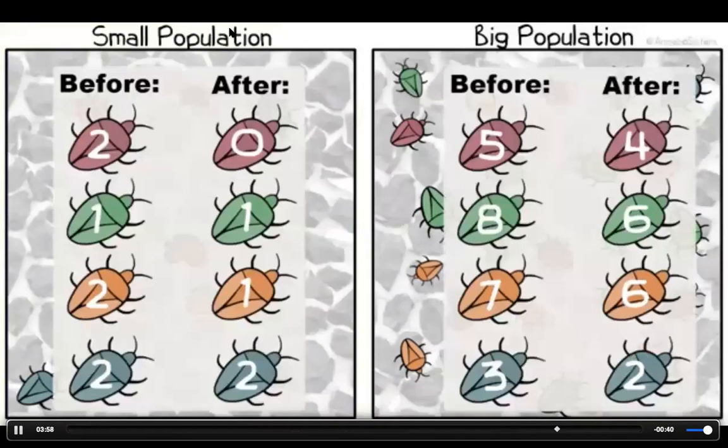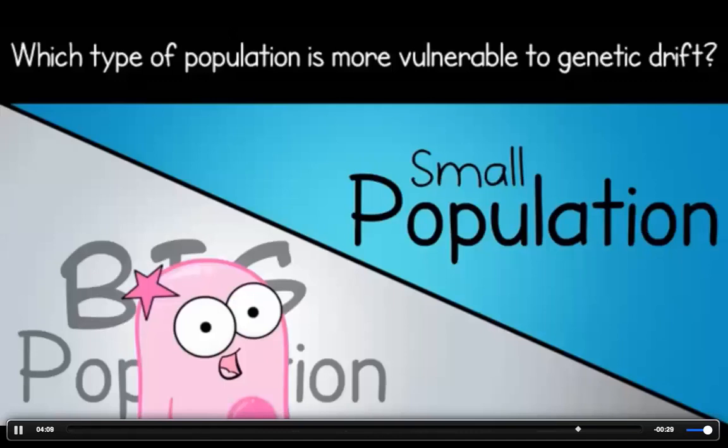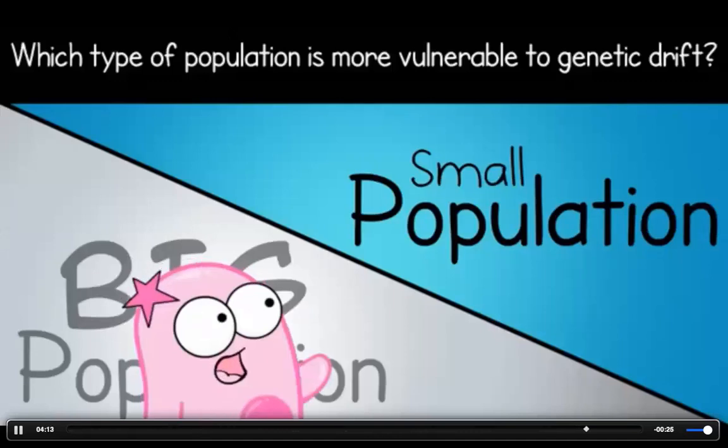As you can see, this random event has the potential to cause more change from the original in the small population. See, there weren't as many representatives there in the first place. So, in many incidences of genetic drift in populations, the impact on small populations is especially significant.